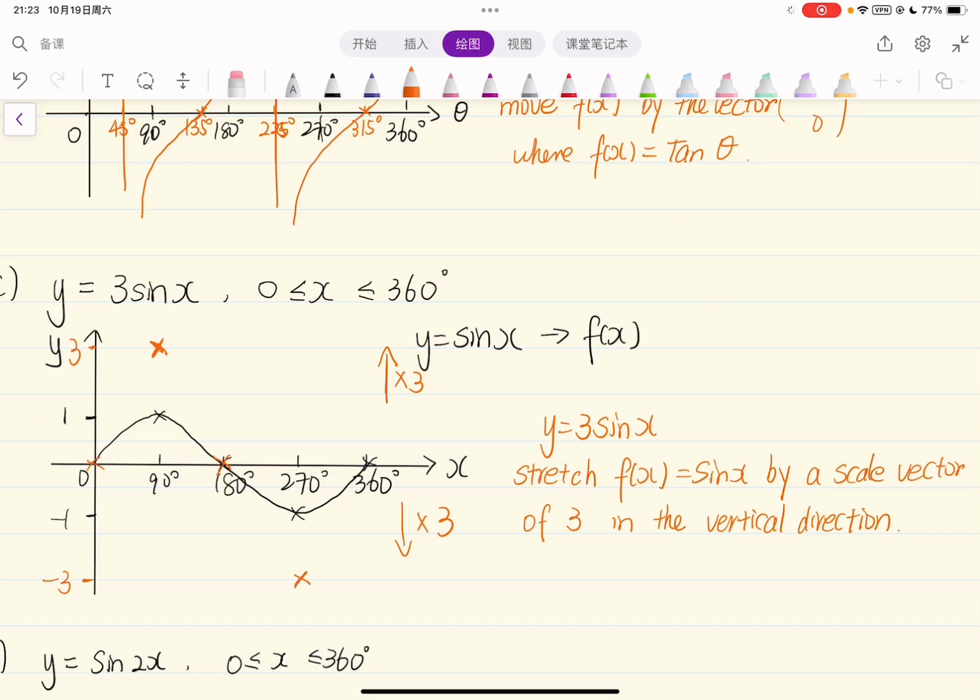And 360, it keeps 0. Now we can link the orange points to the curve. The graph of y equals 3 sine x looks like that. You stretch sine x by a scale factor of 3 in the vertical direction.